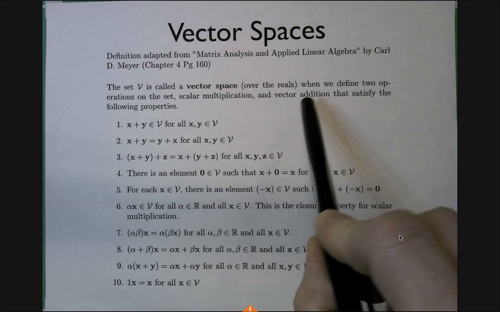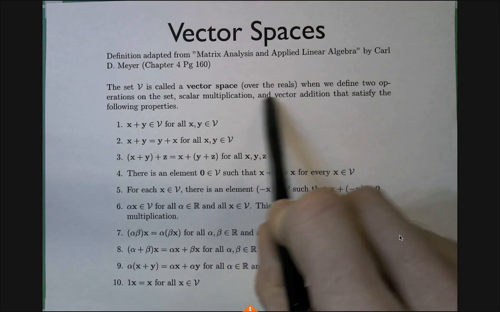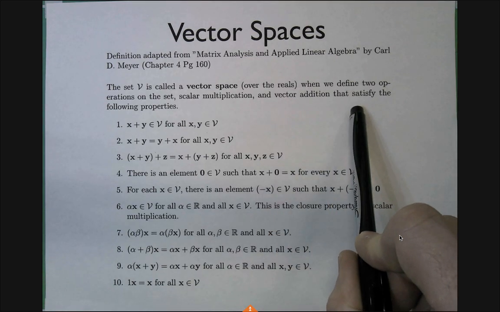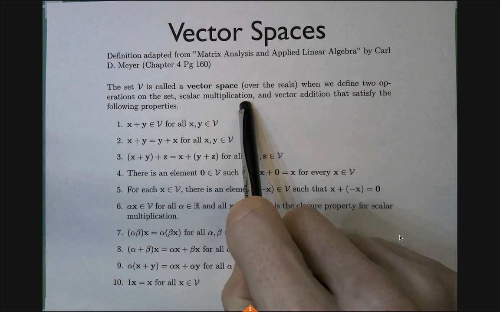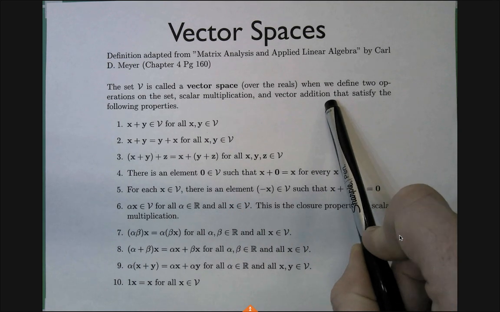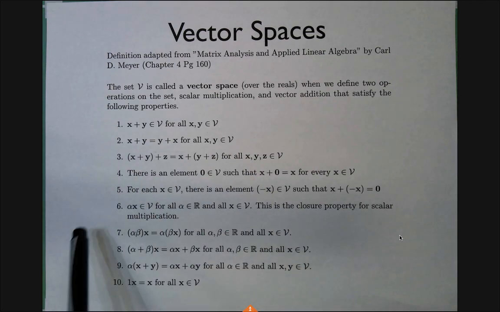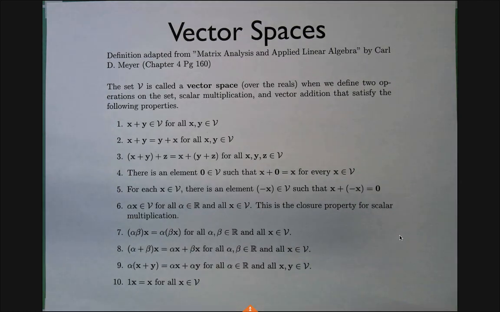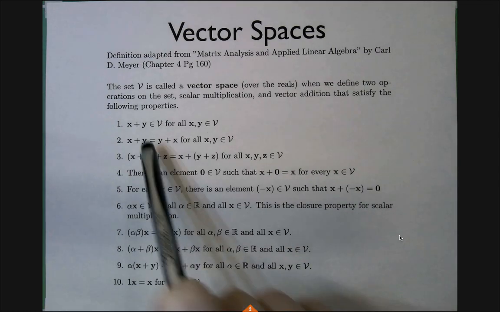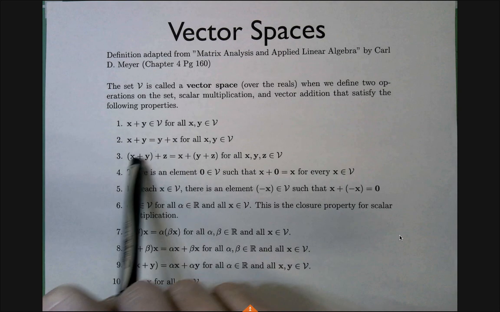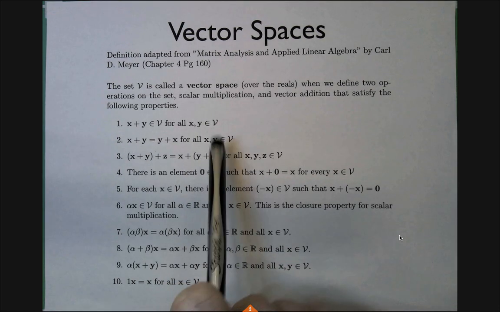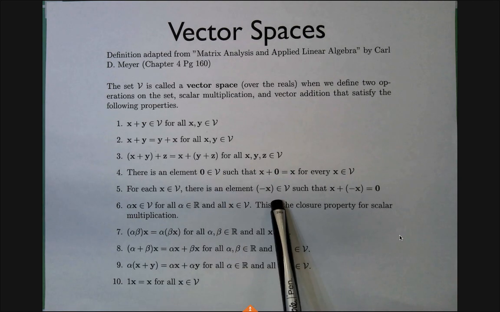But let me just give you the gist of it. So the vector space, to recap real quickly, is a set which is endowed with two key operations, scalar multiplication and vector addition, okay? And this laundry list of properties says what properties these operations must satisfy so we can talk about a vector space. There are properties like it's closed under addition of vectors, the addition of vectors is commutative and associative, there is a zero vector, and there is a negative vector for each of them.